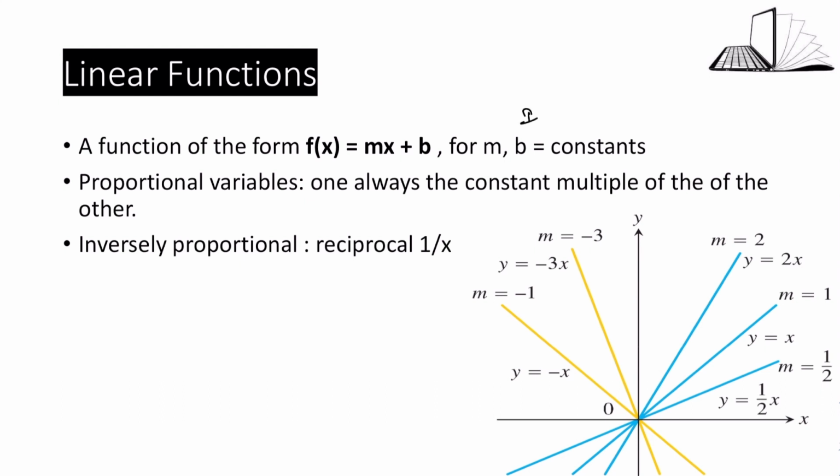If b is equal to 0, then the function passes through the origin. Again, if m is equal to 0, then f of x is equal to a constant. This means that y doesn't vary with x.